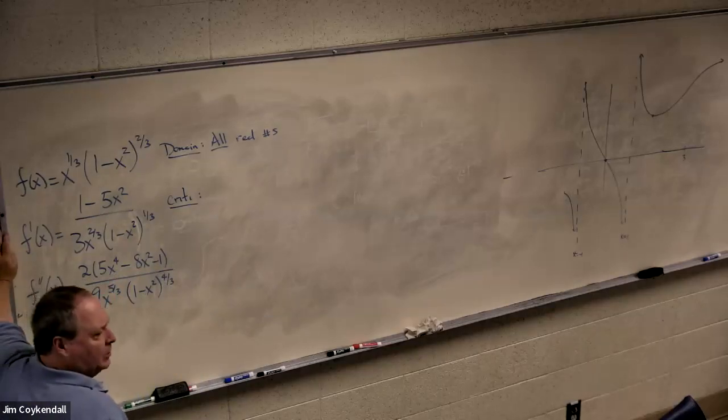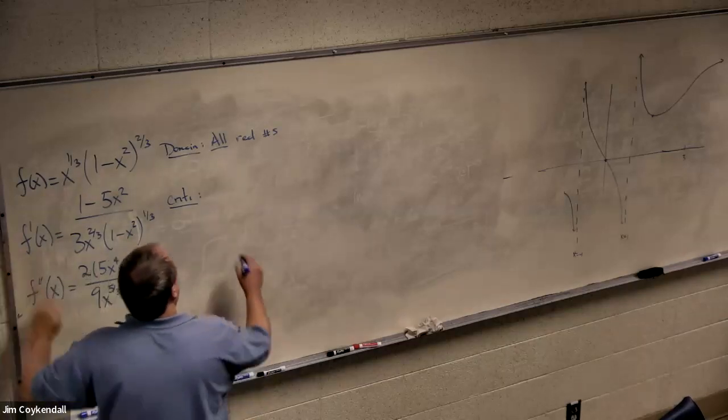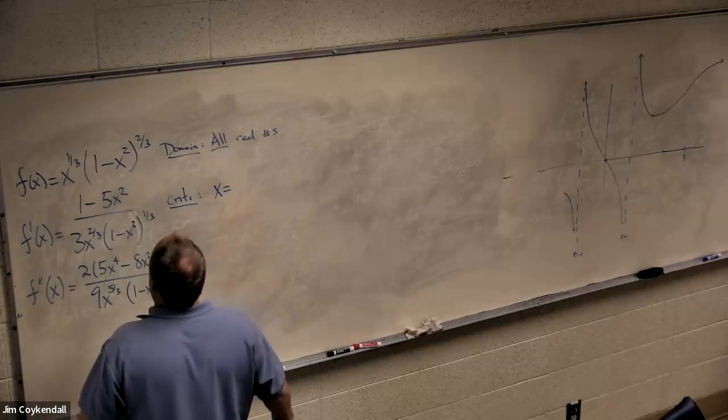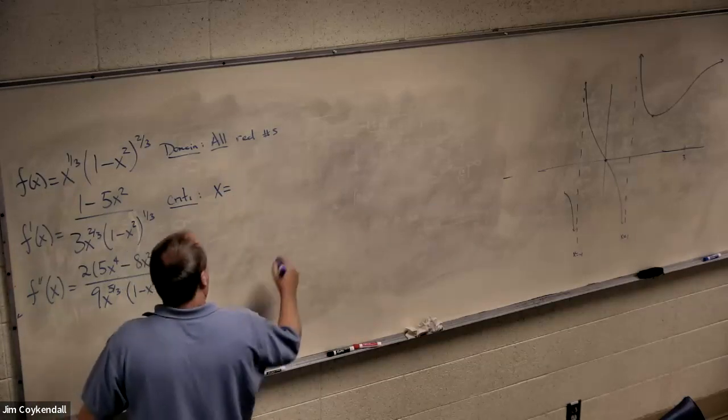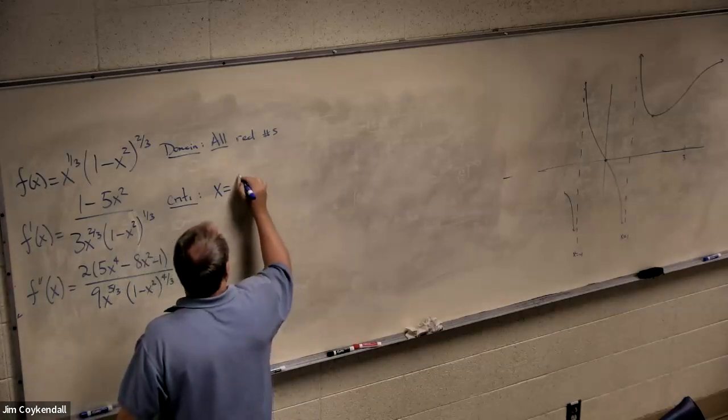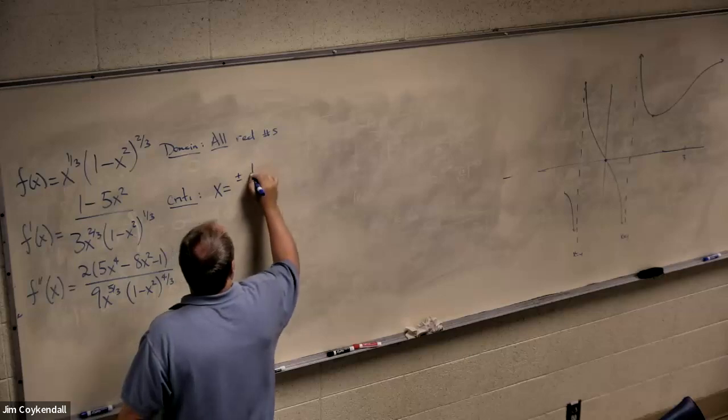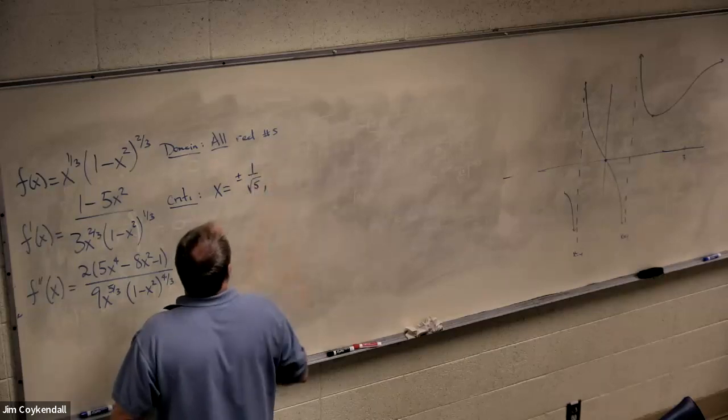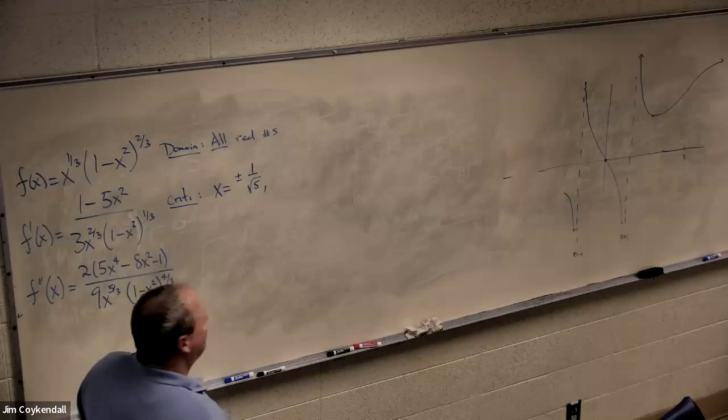I have 5 of them. What you all get? Okay. X equals 1. Okay, plus or minus. Something like that. What else?